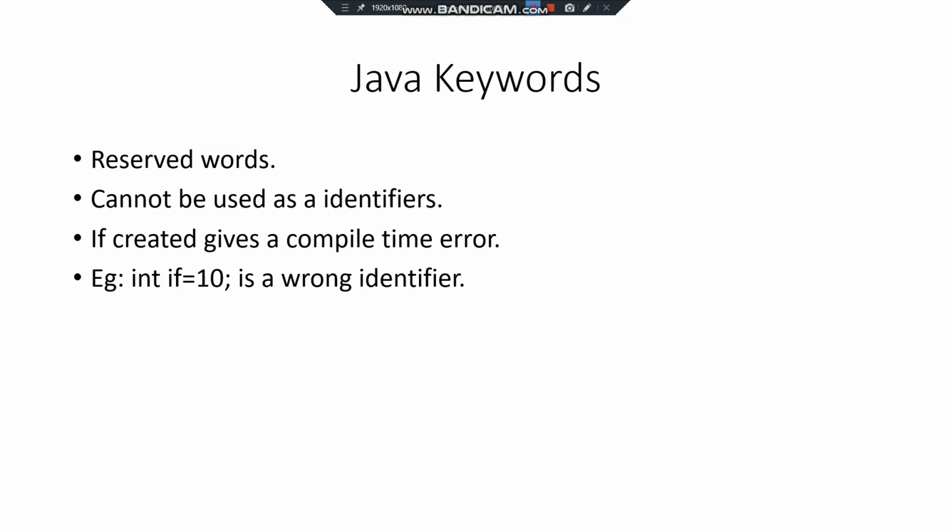They have a specific meaning and hence cannot be used as an identifier. If used as an identifier, it creates a compile time error. So here, illustrated in this example, if is assigned the value 10 with the data type int, it gives a compile time error saying that it cannot be resolved to a variable.